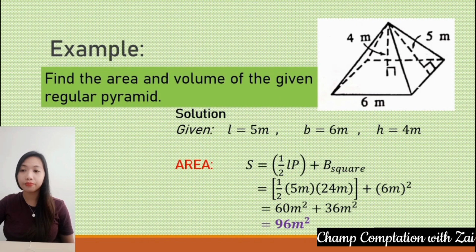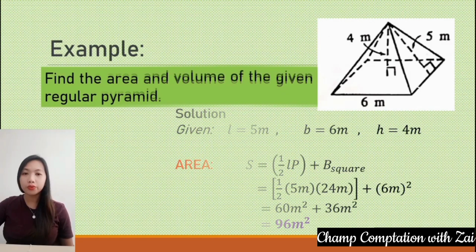Substituting the values given, we have 1/2 times 5 meters multiplied by 24 meters is 60 square meters, plus the area of the base, which is the base edge squared. So 6 meters squared is 36 square meters. Adding to the lateral area, 60 square meters plus 36 square meters is 96 square meters. Therefore the area is 96 square meters.